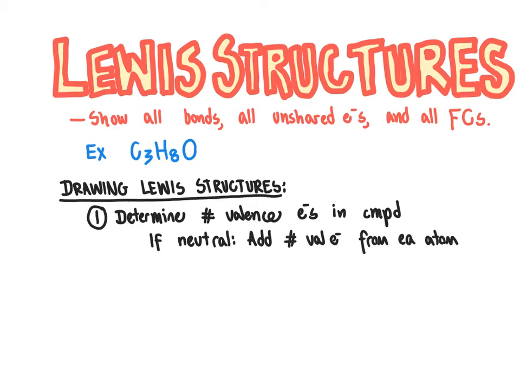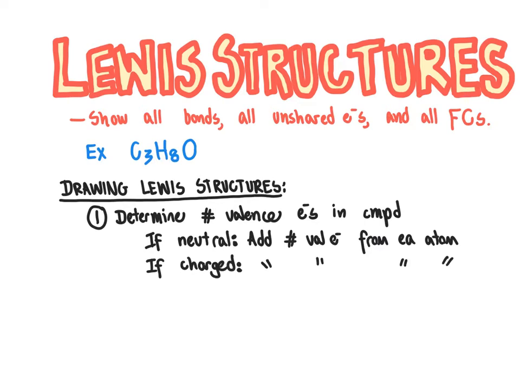And we will sometimes be drawing Lewis structures for ions, that is, molecules that have a net formal charge. And so if the molecule has a net formal charge, in other words, if it's an ion, if the net charge is not equal to 0, but instead you would see that overall the molecule has a net charge of +1, -1, or whatever else the case might be, then what you'll do is you'll add up the number of valence electrons corresponding to each atom, and then to account for the positive or negative formal charge, a net negative formal charge indicates that there's an extra electron.